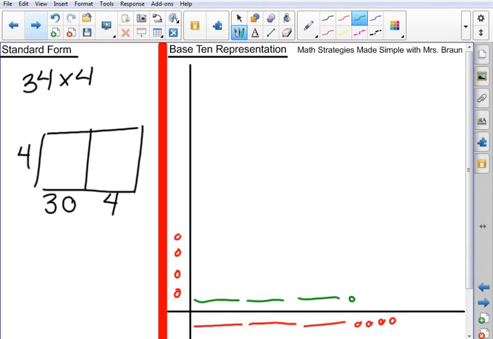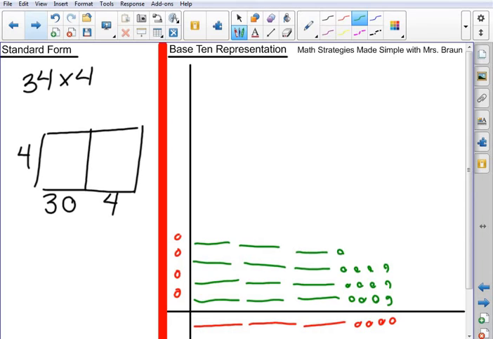So here's one group of 34. Here's 2 groups of 34. Here's 3 groups of 34. And finally 4 groups of 34. Alright, again, I'm looking at splitting this with my 10s and my 1s.